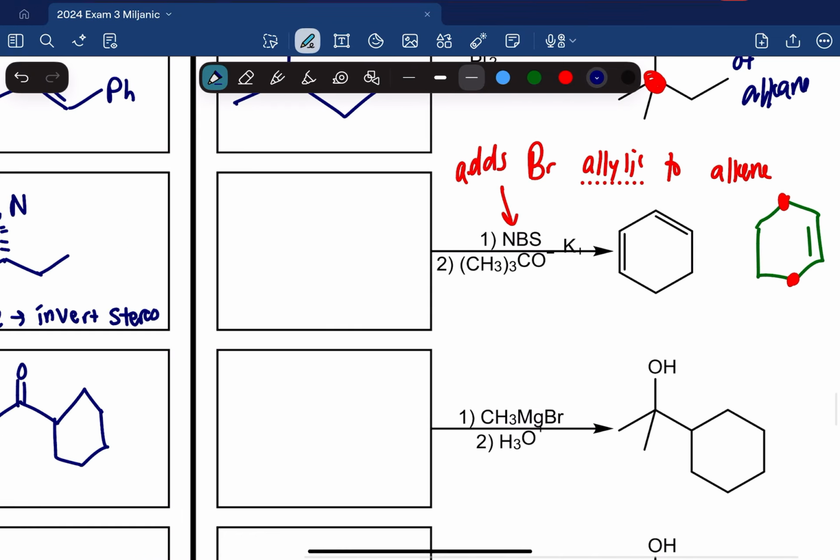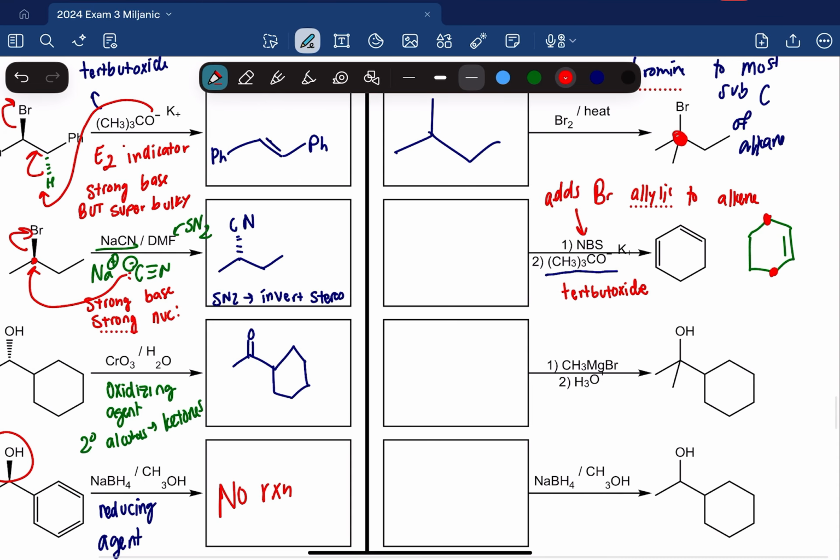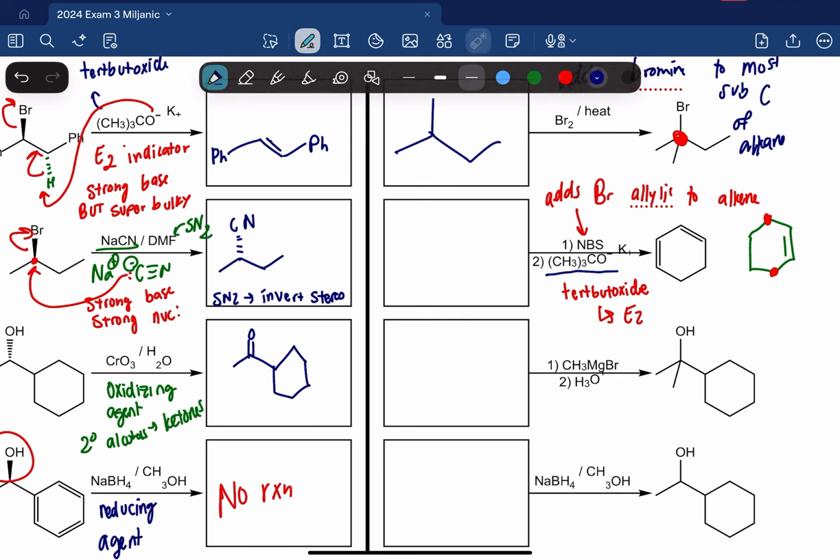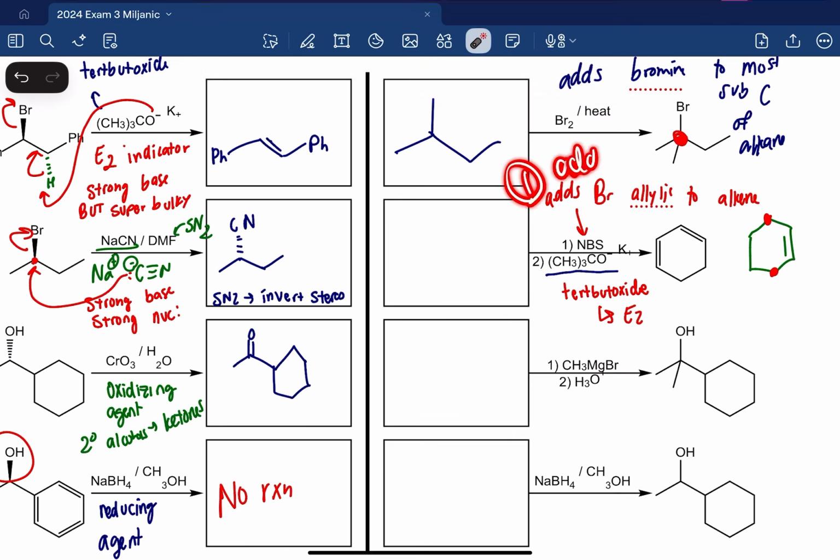And then also we see here this huge, large, massive structure, also known as tert-butoxide. Okay, your mind should now be signaling. Whenever you see tert-butoxide, you're doing E2. So now what we can imagine is in the first step, we're going to add a bromine.